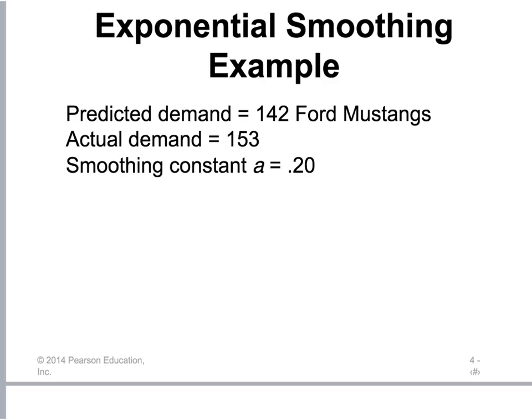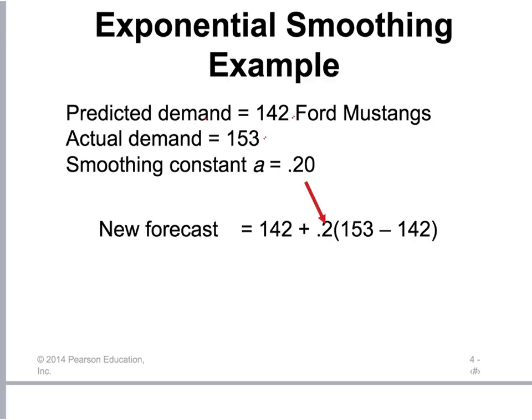So let's get an example. We know that our predicted demand is 140, the actual was 153, and alpha is equal to 0.2. We're trying to calculate the forecast for the next period. So the forecast is the forecast for the last period plus alpha times your actual minus the forecast.